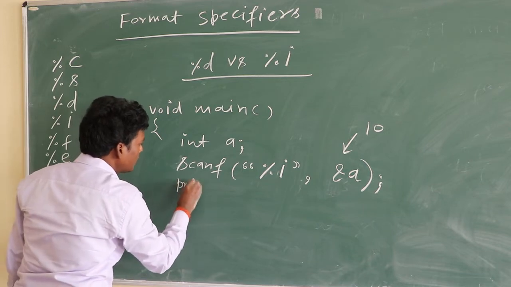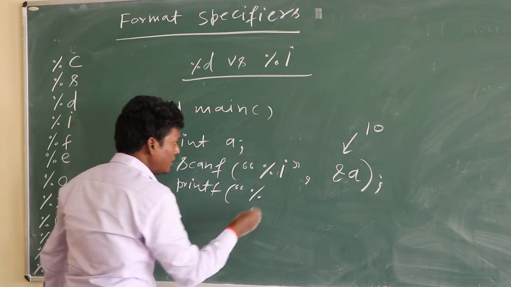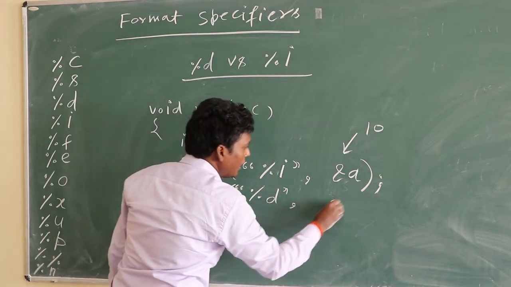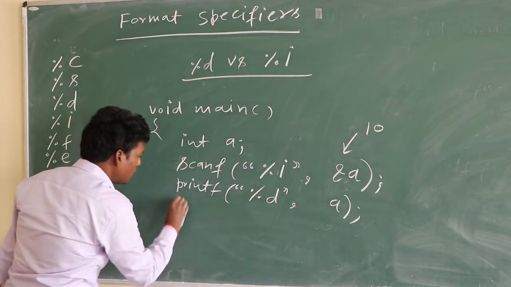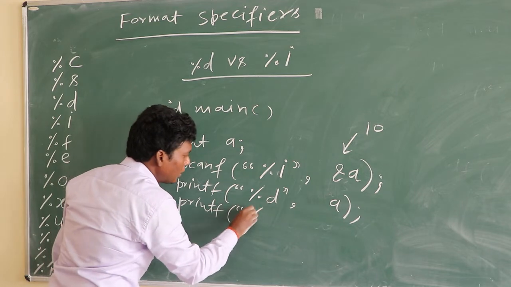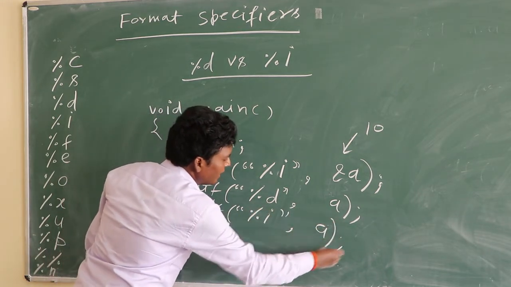printf %d, a is printed here. printf %i, a is printed here.